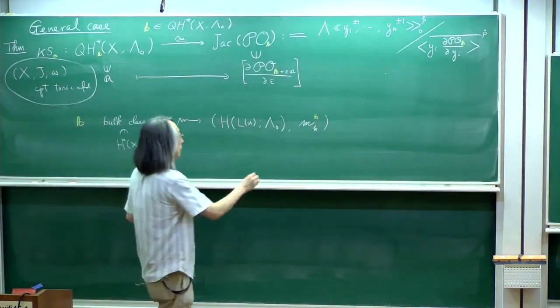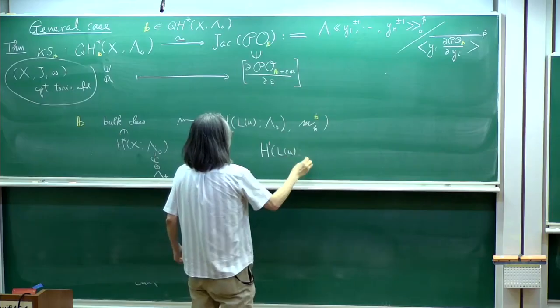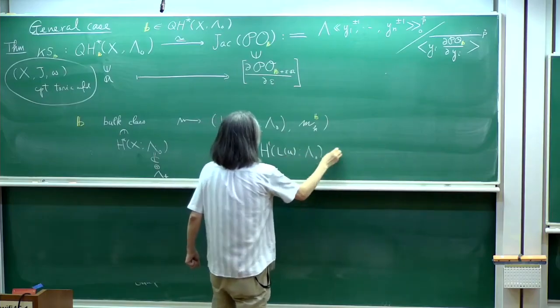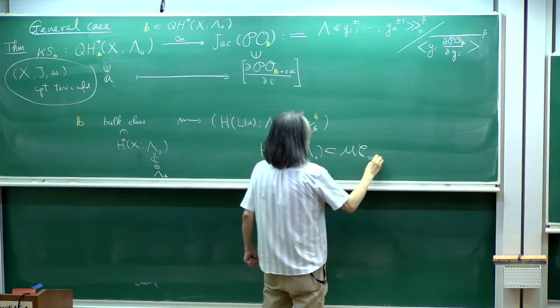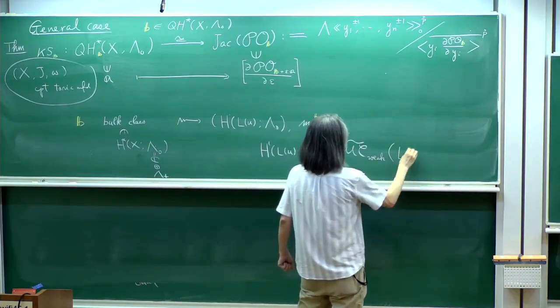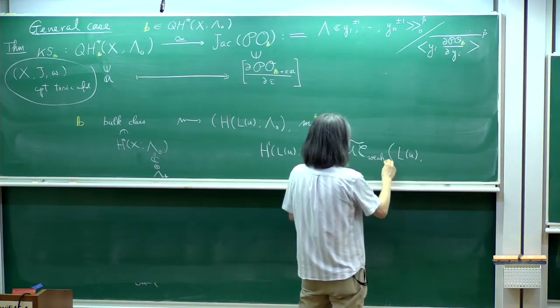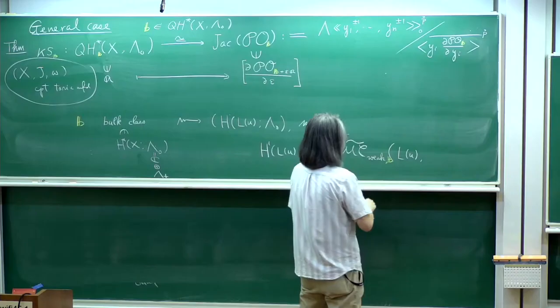And in this case, again, this H1 of L(u) of this lambda 0 contains this Maurer-Cartan element of this L(u), but after this bulk deformation.